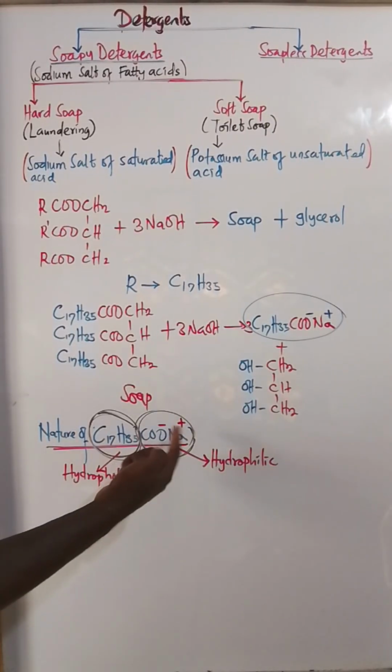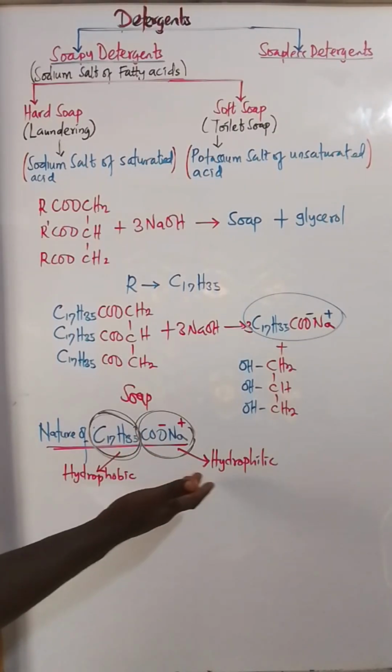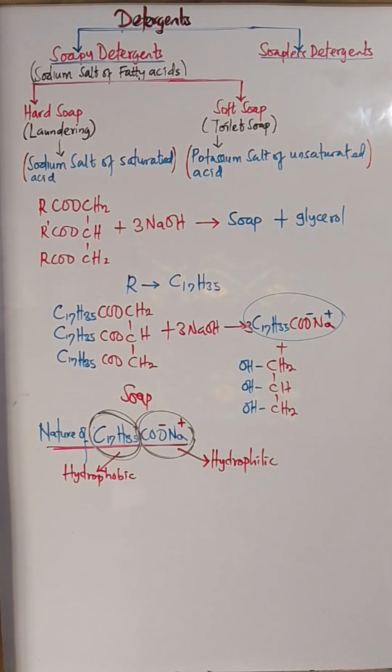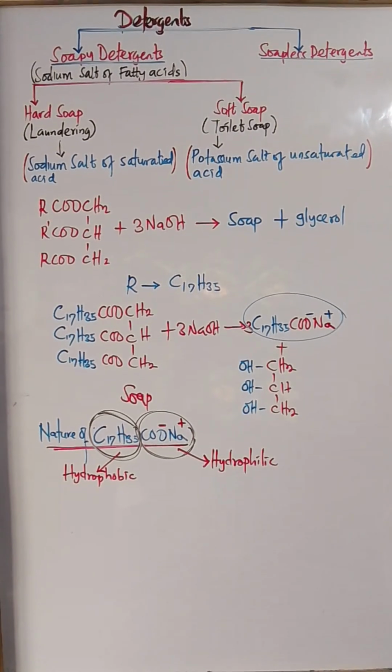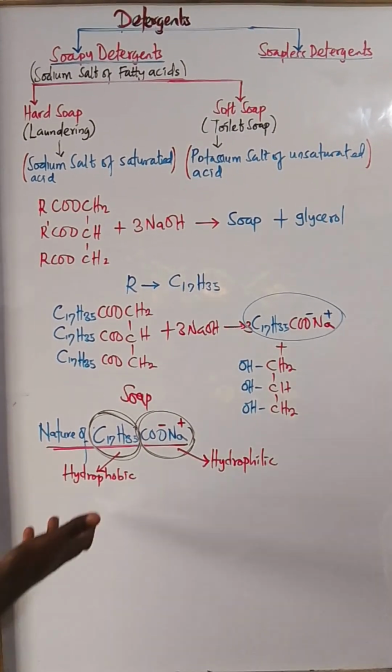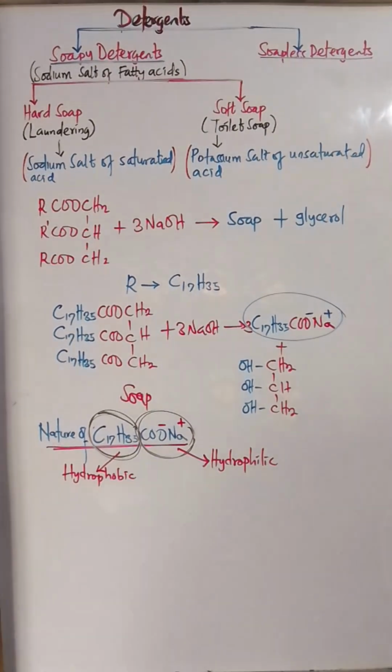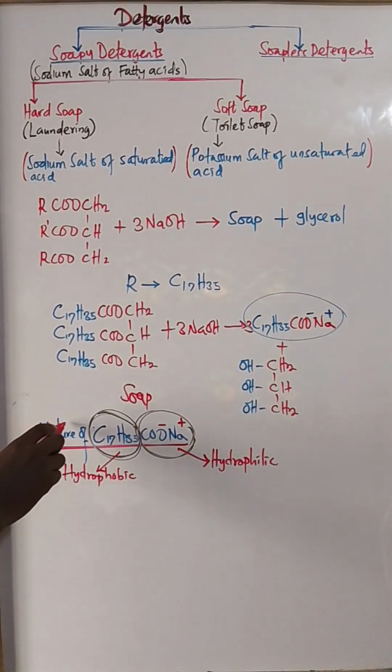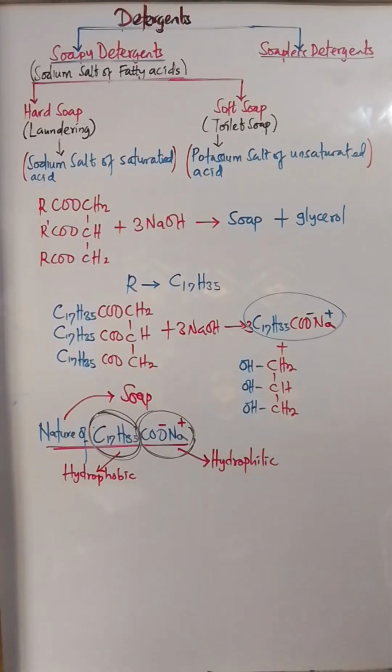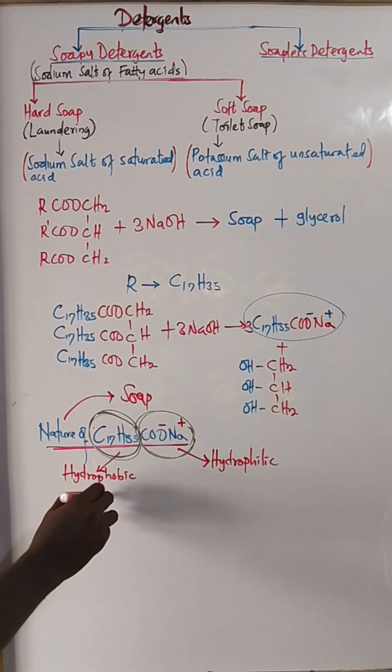This one, because of their poles, dipoles, is polar. So it is hydrophilic. It can dissolve in water. So some part is insoluble in water, while some part is soluble in water. So it has a dual nature. If they ask you what is the nature of soap, it has a dual nature: the hydrophobic tail and the hydrophilic head.